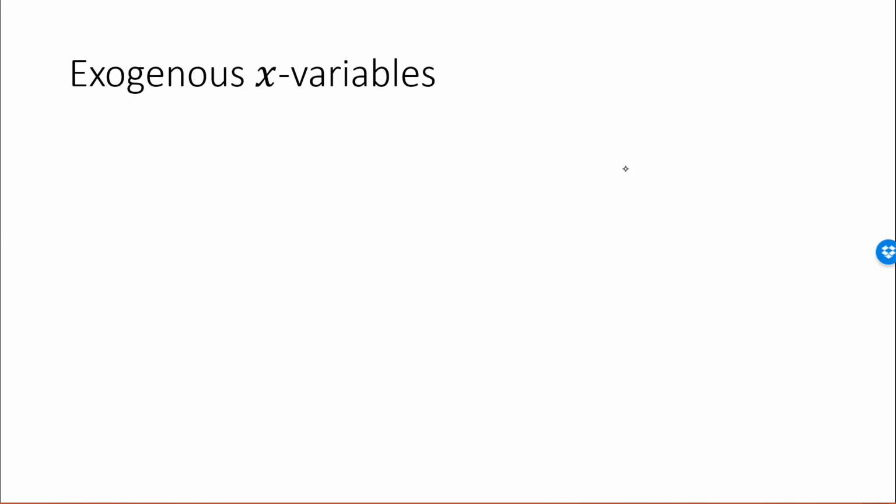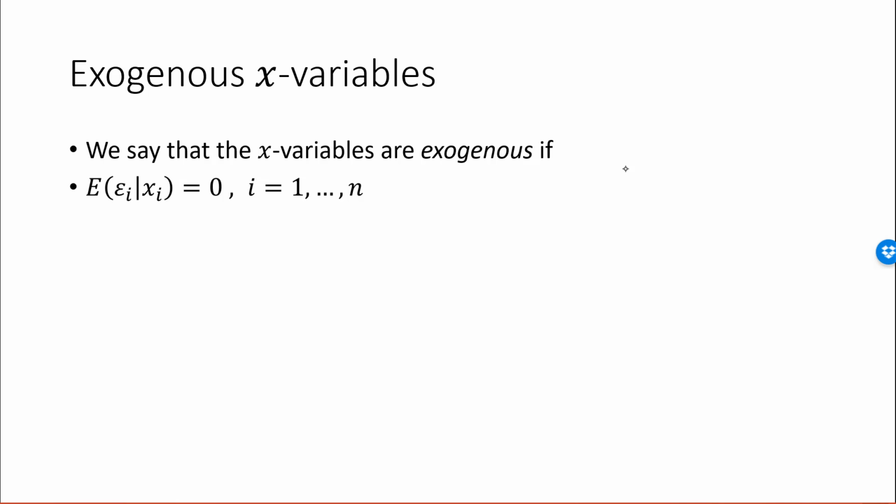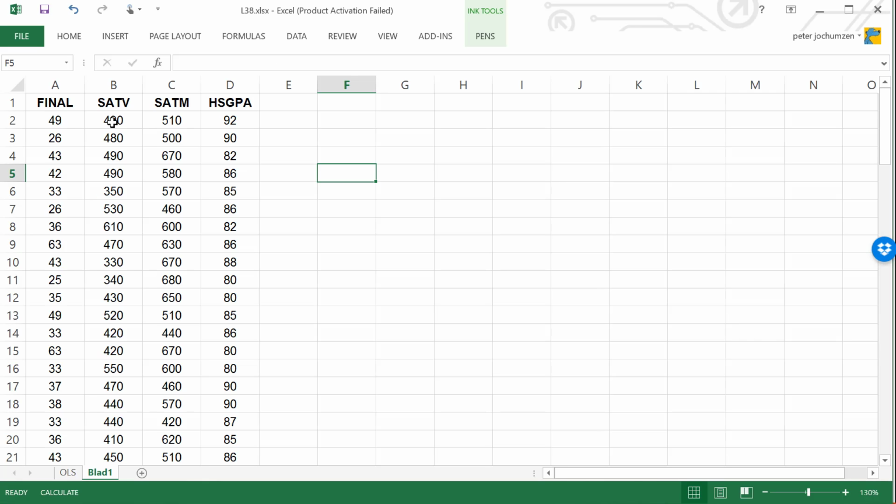So on to exogeneity. We're simply going to say that the x variables are exogenous, quickly fixing the grammar, if this is true: if the expected value of the error term given all the explanatory variables is 0. That is, the error term must have a 0 expectation no matter what the values of the explanatory variables are.